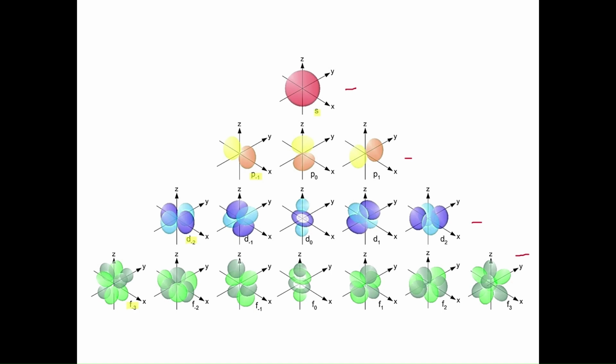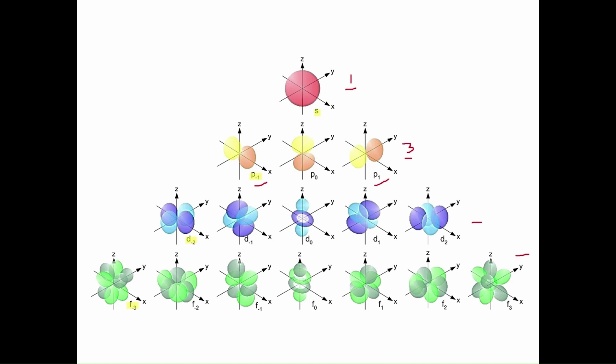Again, this is noted by the ML that ranges from negative L to positive L. So for L equals 0, you have an ML equal to 0, meaning you only have one orbital orientation. For L equals 1, you have an ML ranging from negative 1 to positive 1, giving us 3 possible orbital orientations.